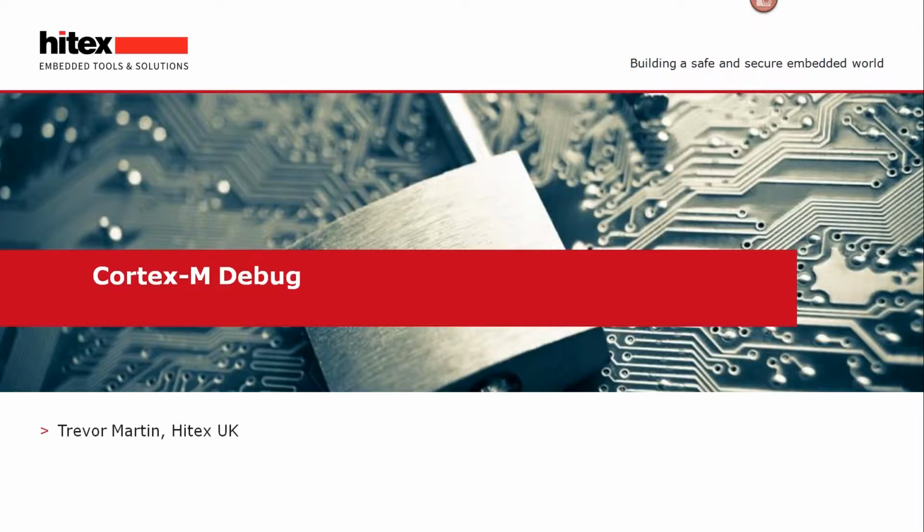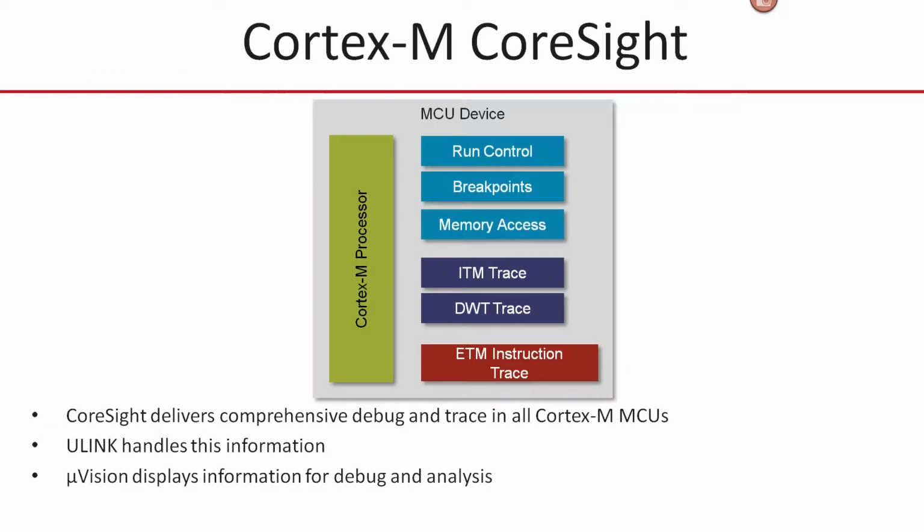What I'd like to go over are the debug features that are available within the Cortex-M processors and really how to get the best out of them. When a lot of developers first come to Cortex-M, they assume that the debug support is via JTAG.